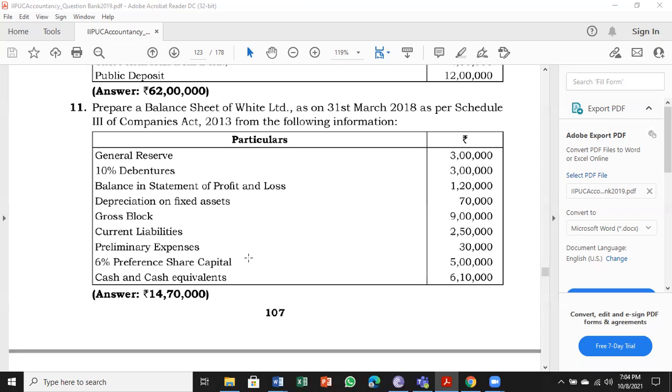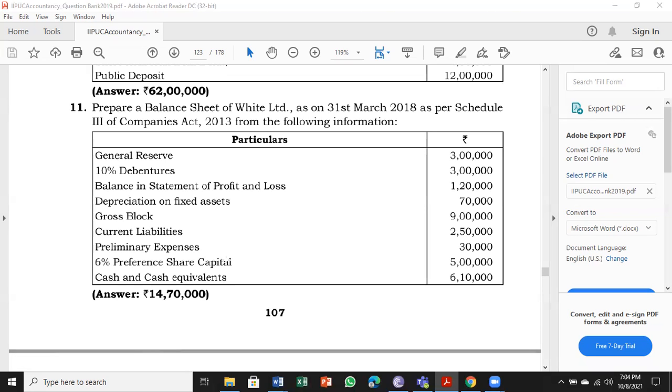Loss is to be collected from shareholders, so it's an asset for the company. Preliminary expenses are those expenses incurred in the beginning of the company to create the company. So expenses done before the company comes into existence are called preliminary expenses.